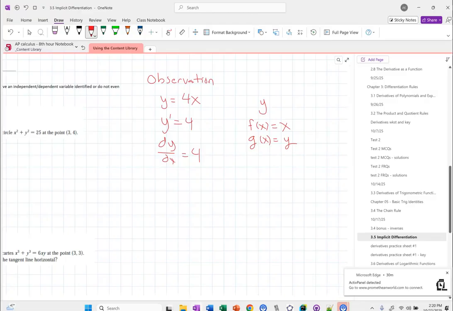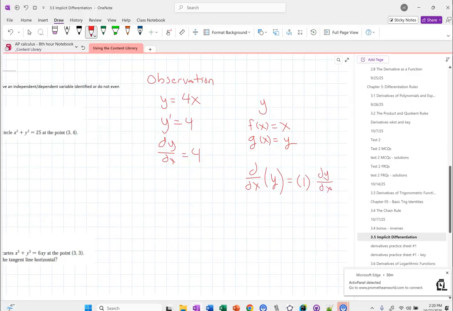So when I take the derivative of y, we get the derivative of the outside, which is 1, that's the derivative of x, times the derivative of the inside.